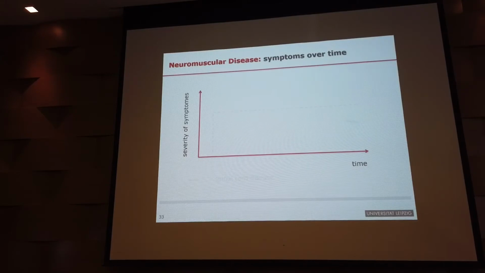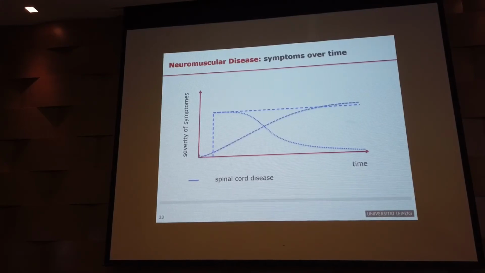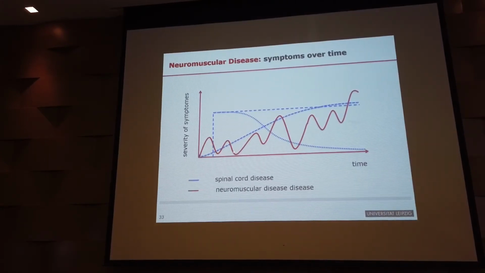One other thing that can help you is how the development of symptoms over time appears. Usually, many spinal cord diseases, especially disc disease, trauma, they suddenly start and they might be stable or they might get better over time. Neuromuscular disease, there are better days, some days are worse.